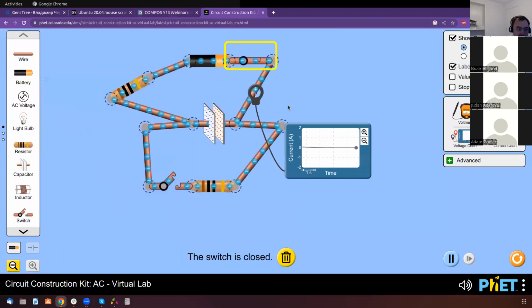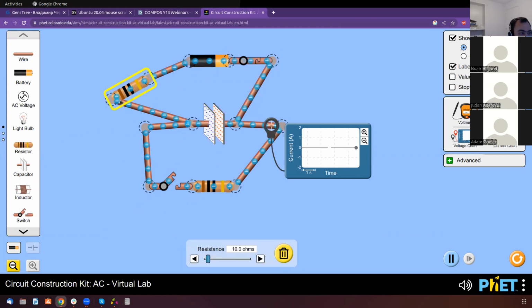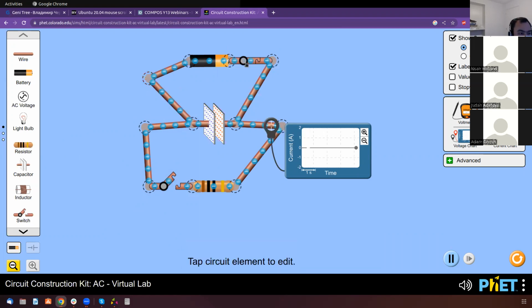Okay, so you understand how a capacitor works. It stores some charge. So let's remove this resistor. So you can charge the capacitor, open the circuit. It has stored some charge, and now it can discharge through a resistor.